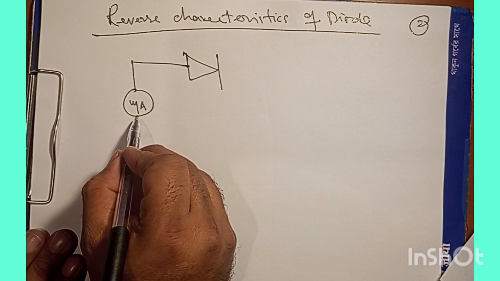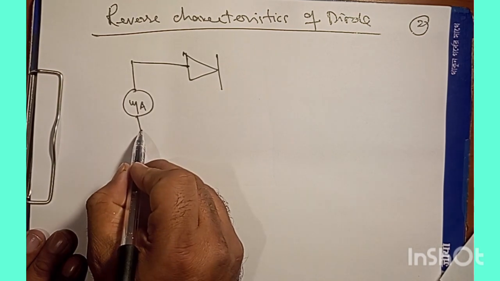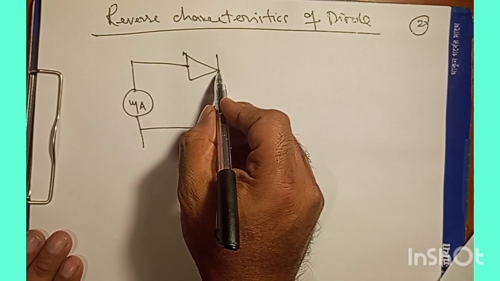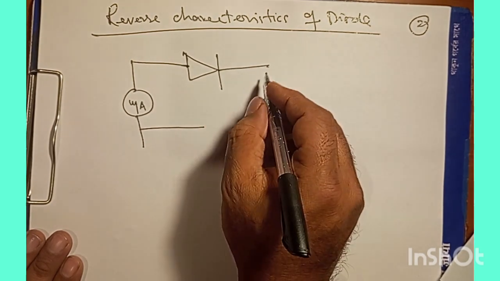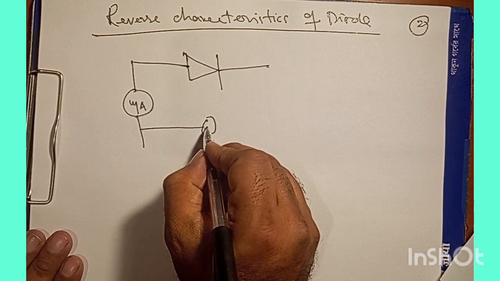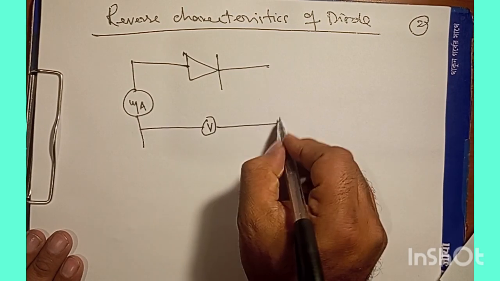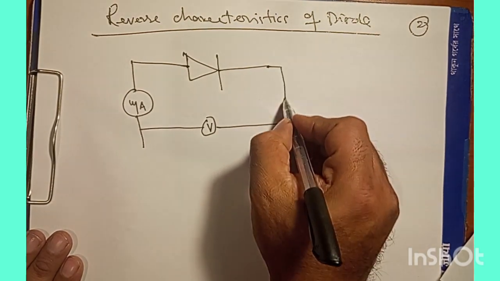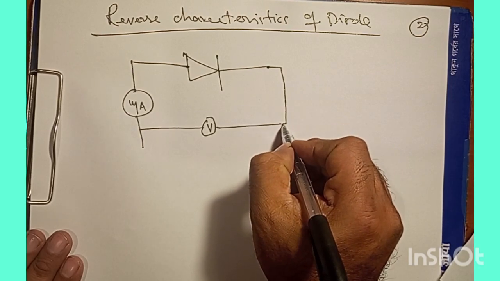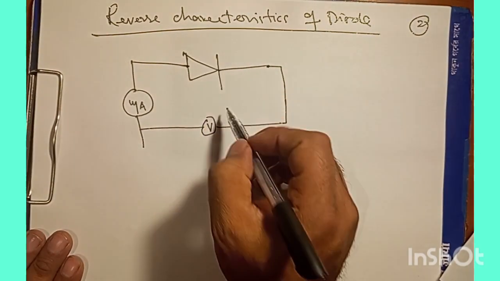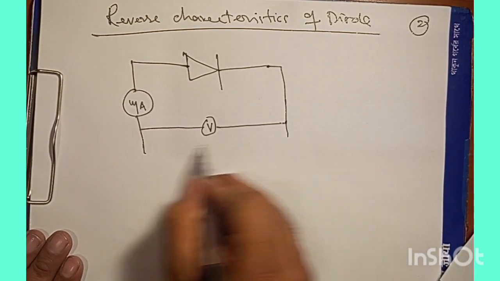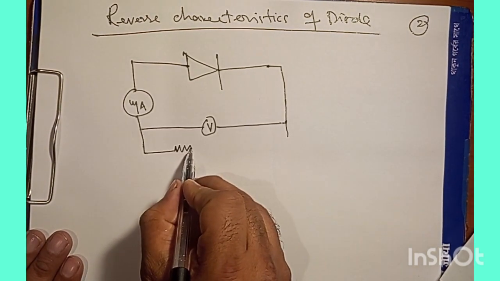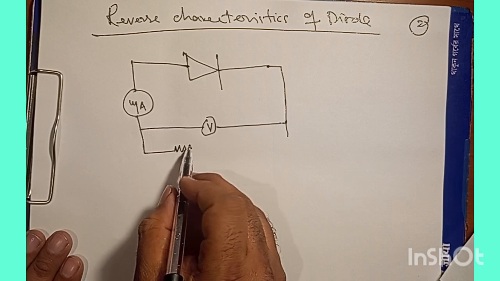That means we are giving the negative terminal to the P side of the PN junction, and the positive terminal to the N side, and we make use of a rheostat.